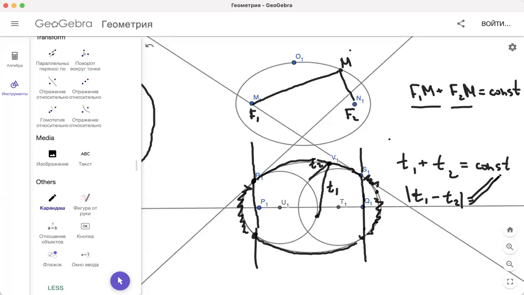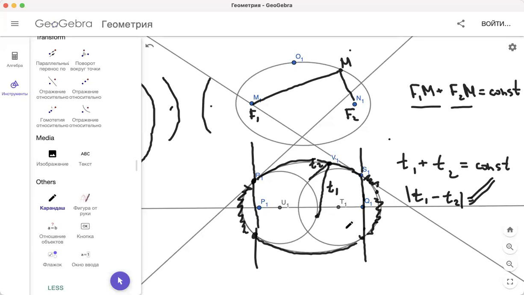And it is interesting that here you have something similar: for the definition of an ellipse you have the sum of distances, for the definition of a hyperbola you have the modulus of the difference of distances.